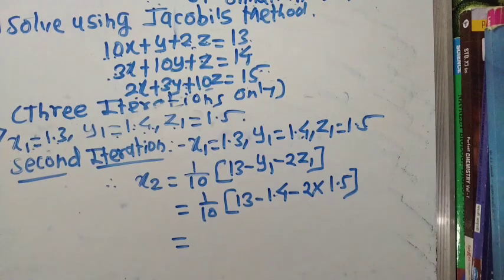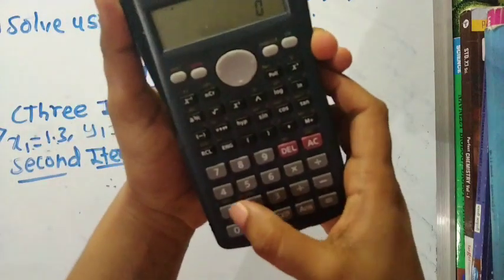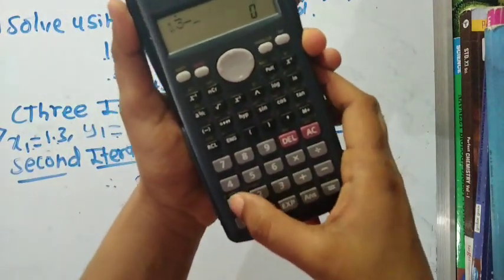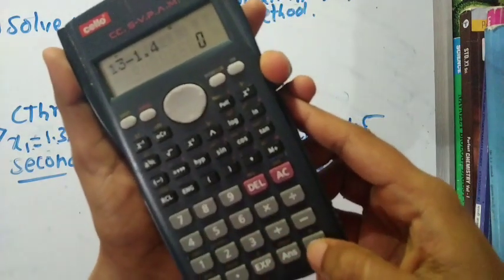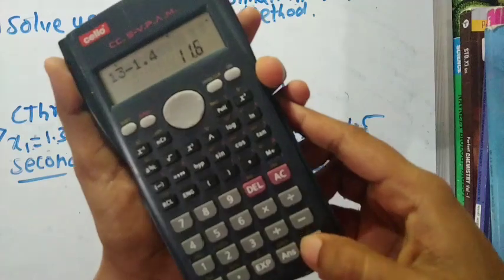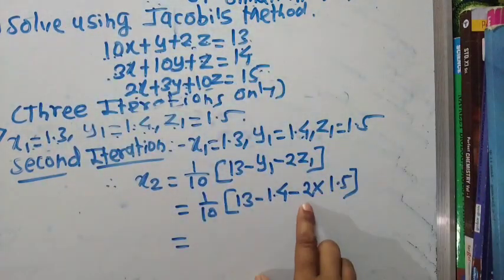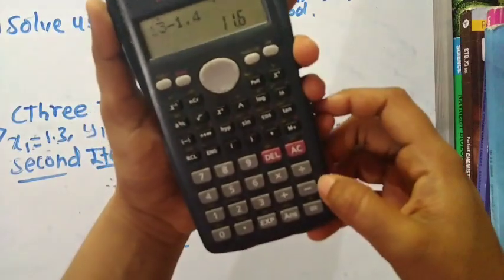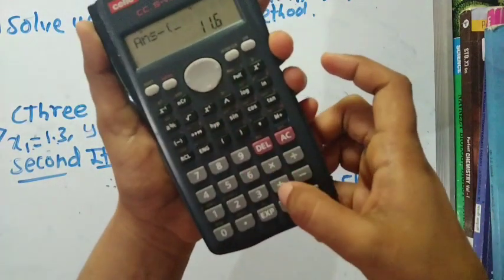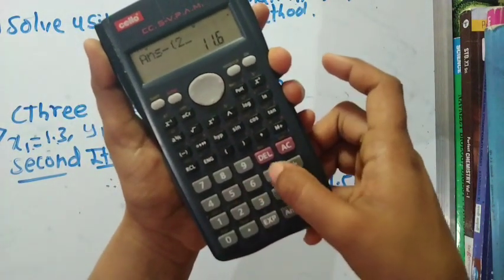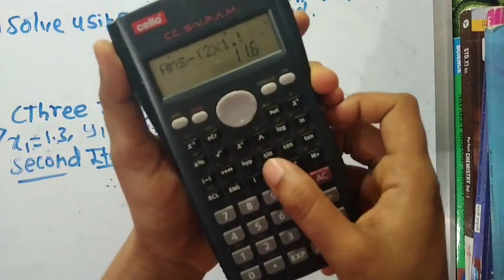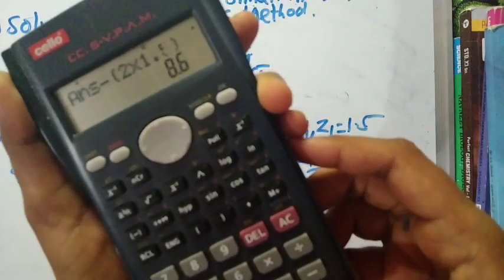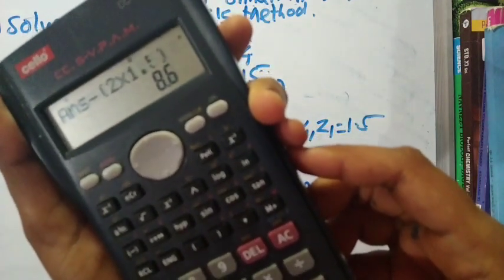So find out this value by calculator. 13 minus 1.4 minus 2 into 1.5, which is equal to 8.6.